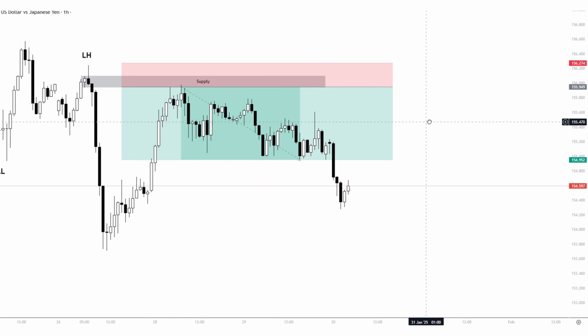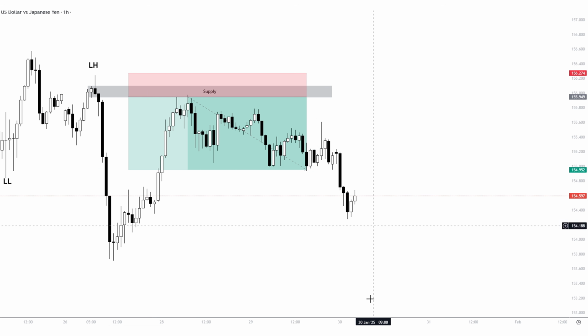And it closes as a win with a 1-3. Probably could have squeezed a higher risk to reward, but in my opinion, 1-3 is more than enough.